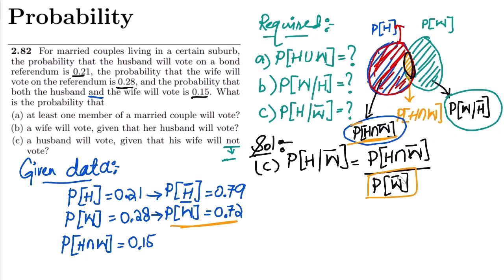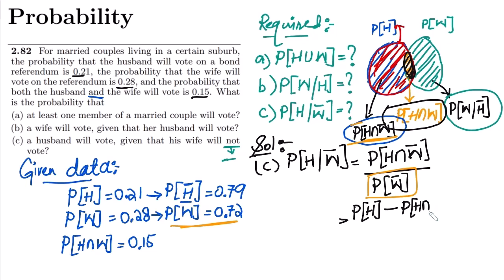So the probability that the husband will vote and the wife will not vote would be this overall area minus this one. The overall area is the probability that the husband will vote, and from it I have to subtract the probability that husband and wife both will vote.